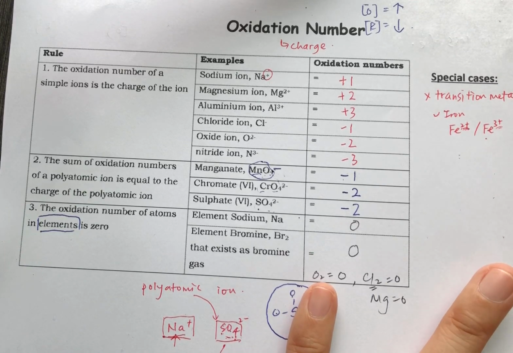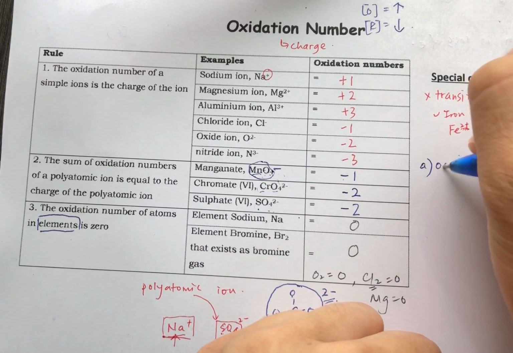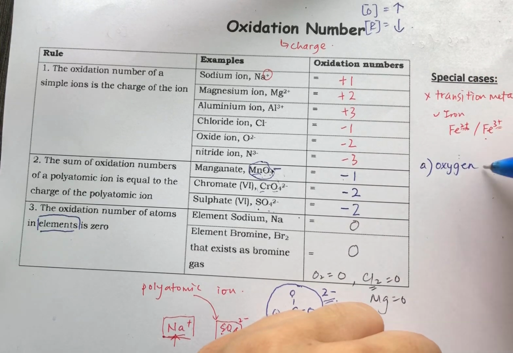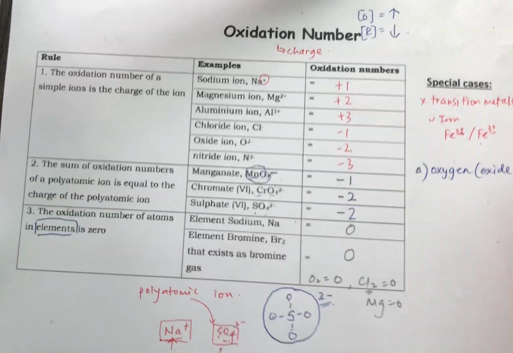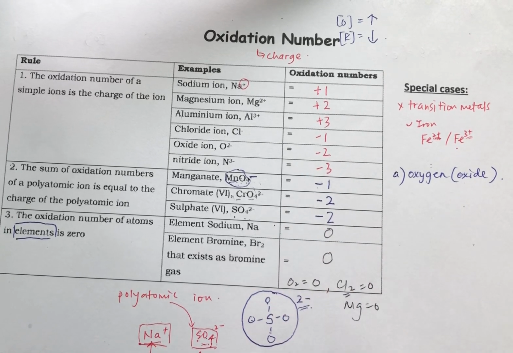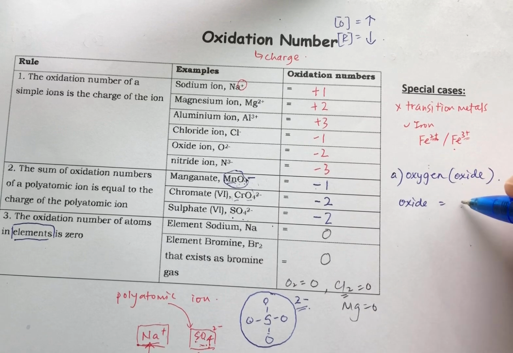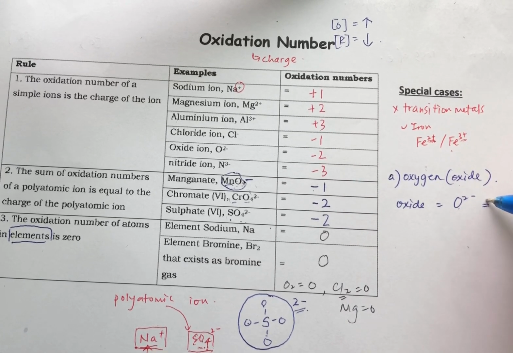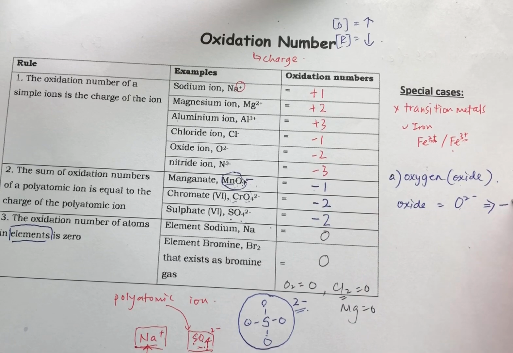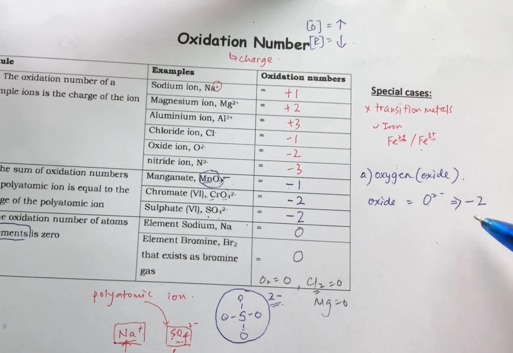Next, these two special cases are more special because you somehow have to memorize them. What are they? It is oxygen in a compound, or to be more specific, the oxide ion. Now, most of the time, the oxide ion, O2-, has a charge of -2, so the oxidation number is also -2.